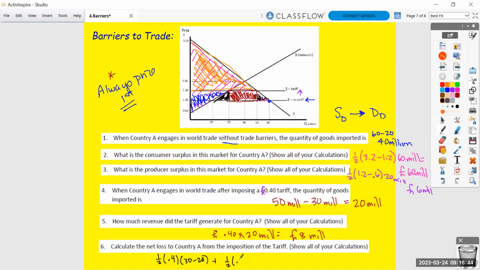Now, ordinarily, I wouldn't show this much work, but I want you guys to know where I'm getting these two triangles from. So this 30 minus 20 is this triangle here, and the 60 minus 50 is this triangle here. And somebody can correct me if I'm wrong, but I'm pretty sure that's 4 million.